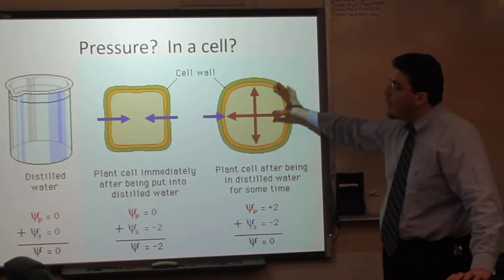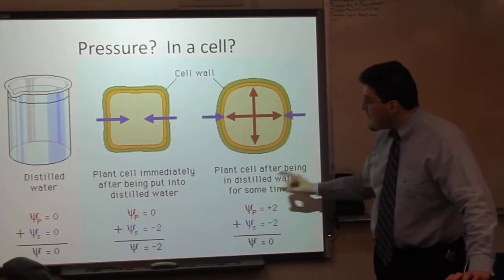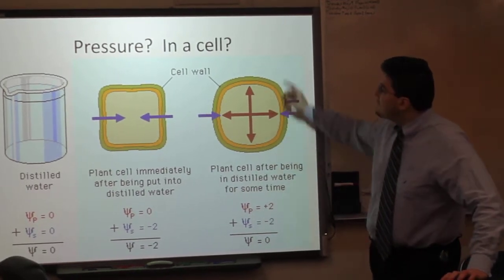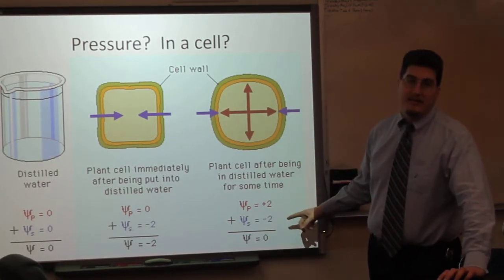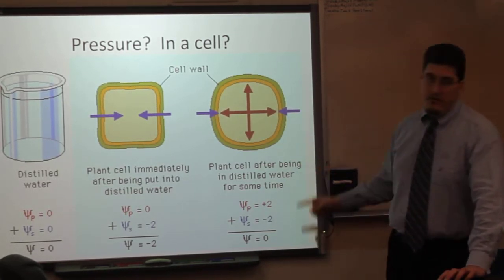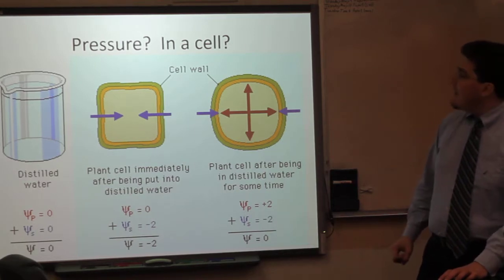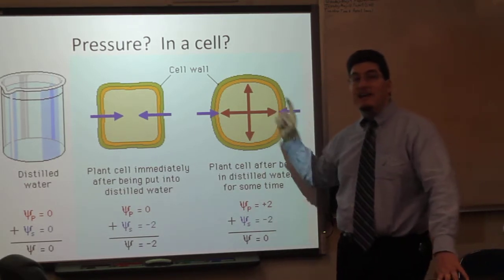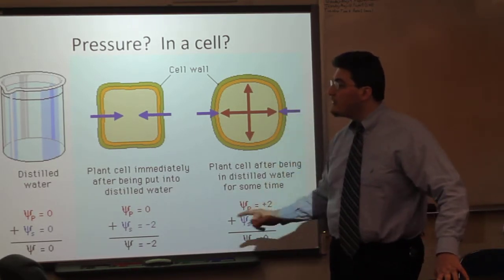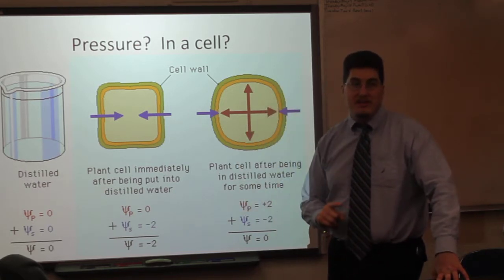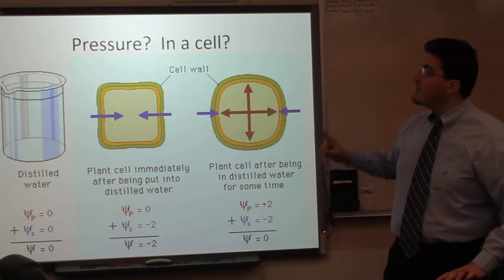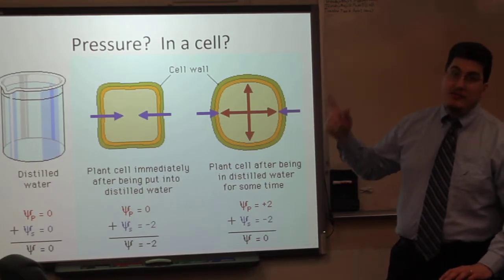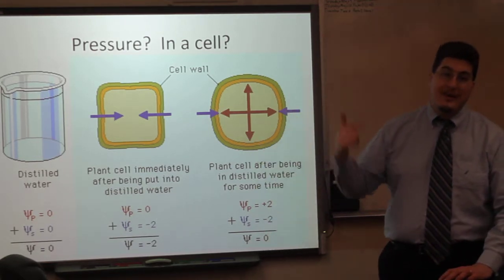So this will be an opposed pressure. So the pressure potential exerted by the cell wall will eventually equalize the negative solute potential, and we will eventually obtain equilibrium. Equal forces of pressure and solute potential, opposed forces. Pressure forcing water out, and solute potential drawing water in.